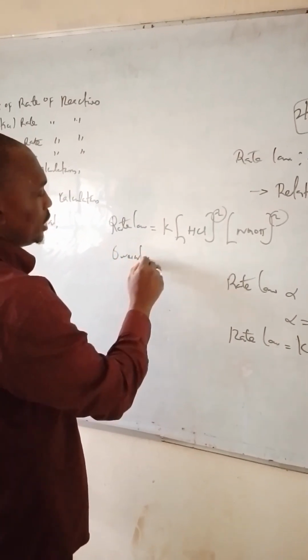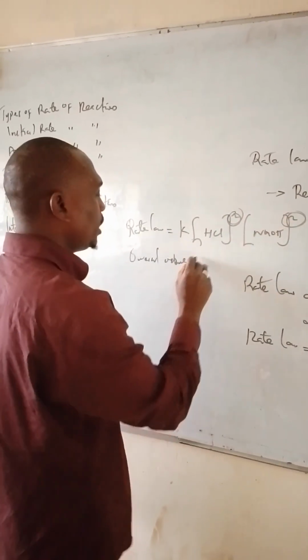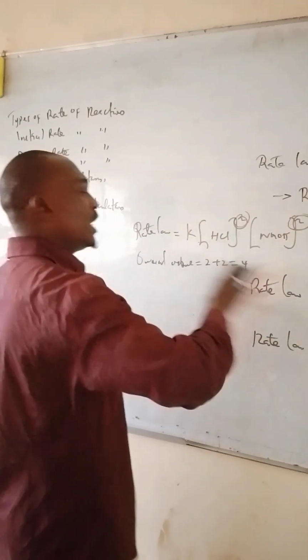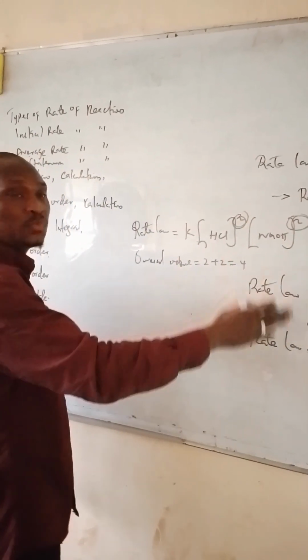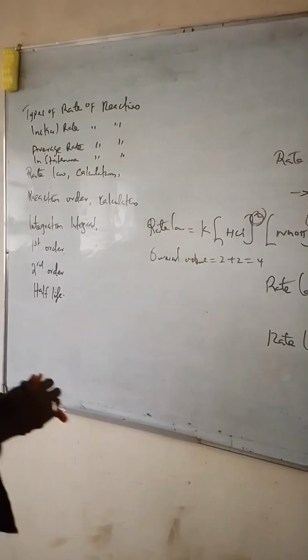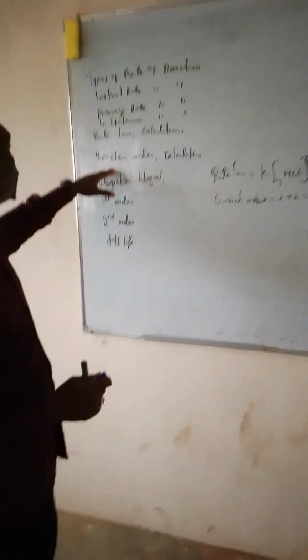The overall order is 2 plus 2, which equals 4. Having known that, we now progress to reaction order.